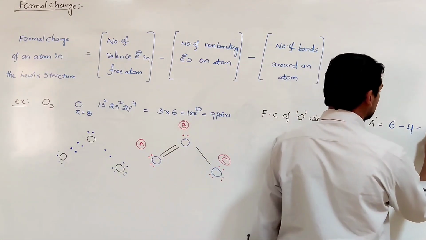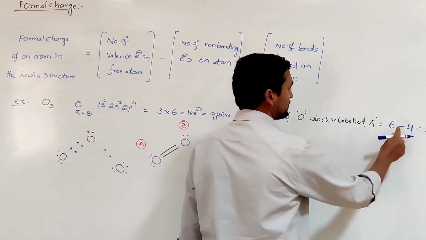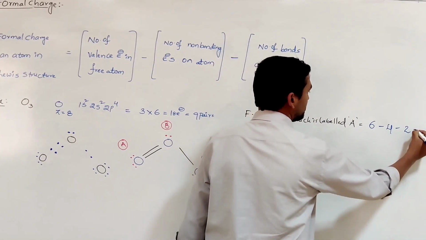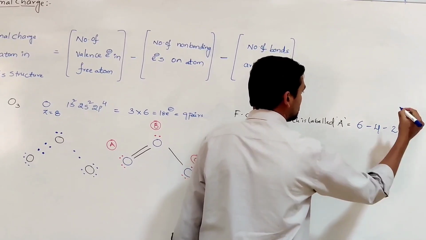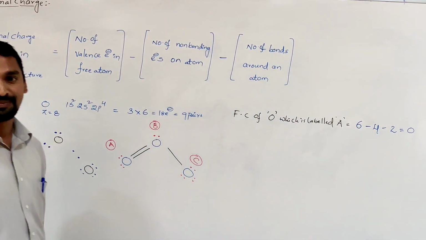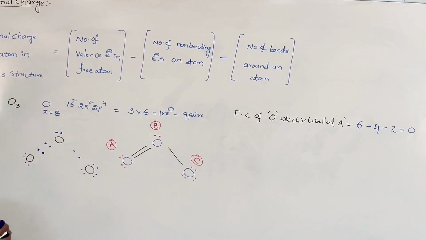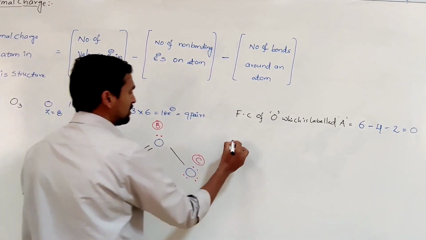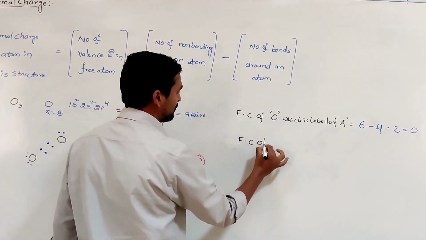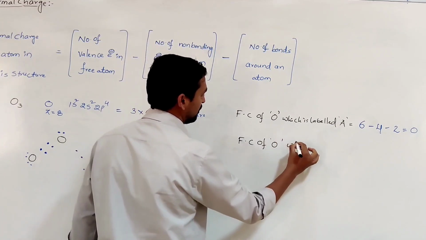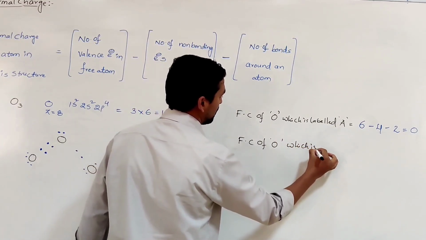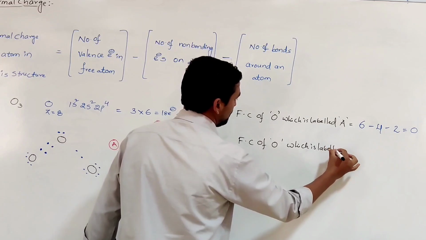That's why we write 2. So 6 minus 4 minus 2 is equal to 0. The formal charge of oxygen atom A is 0. Then we go to the next one, B. The formal charge of the oxygen atom labeled as B.